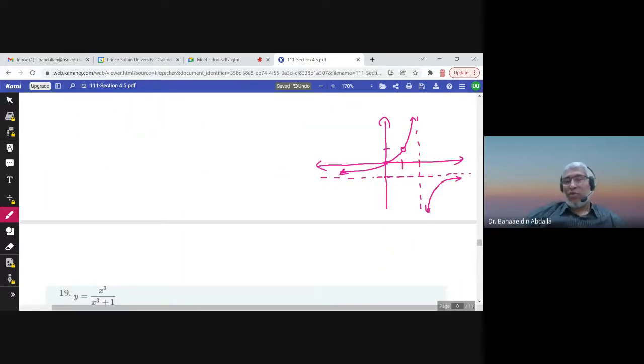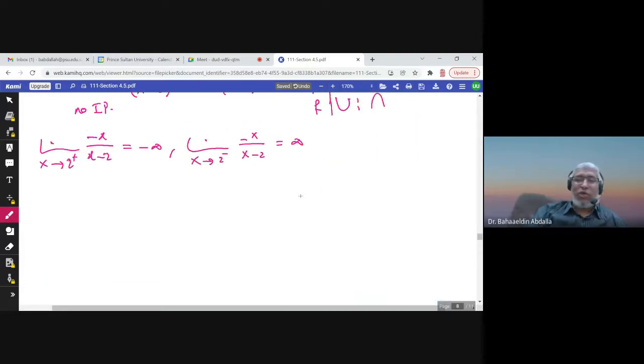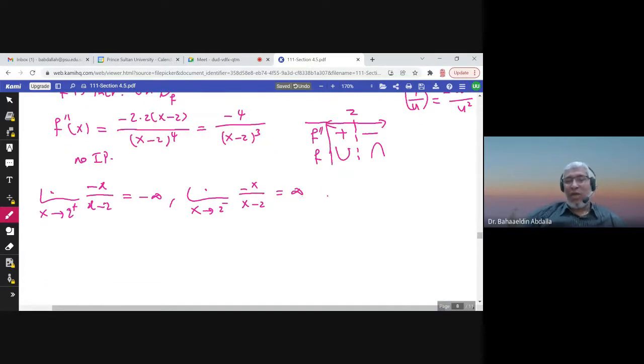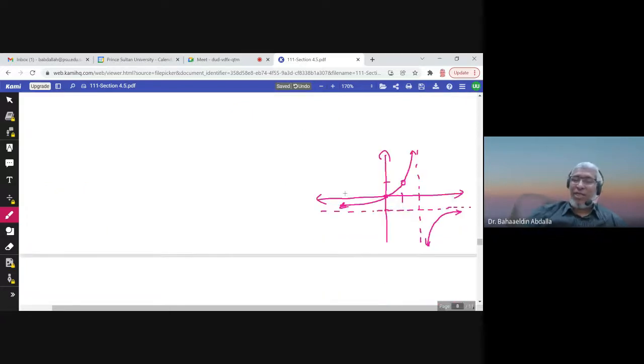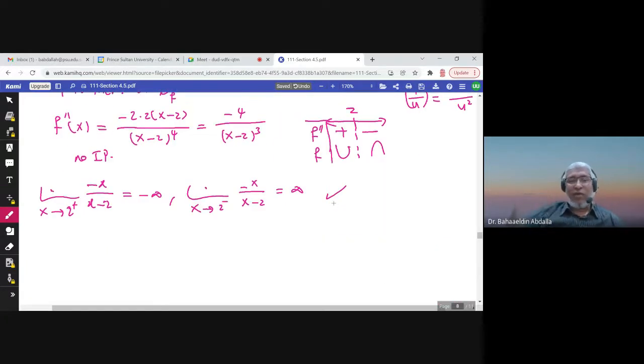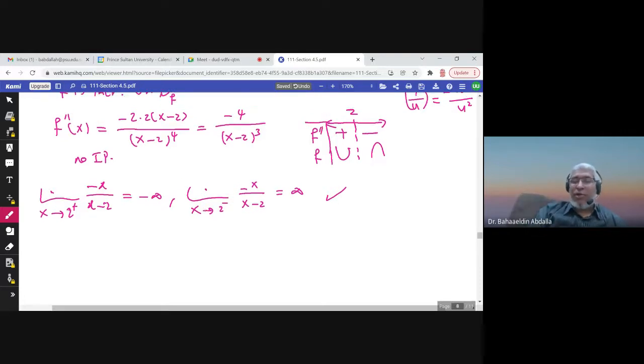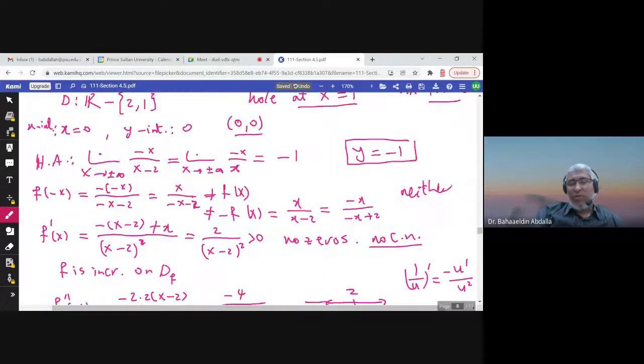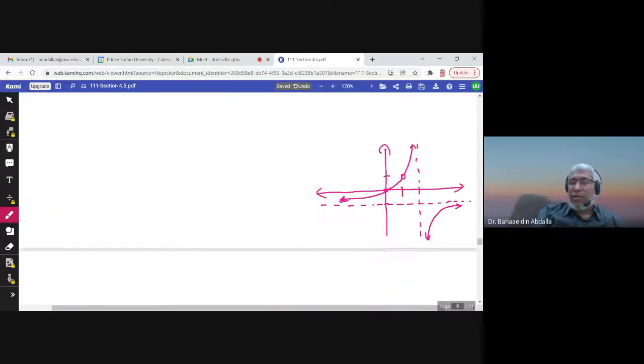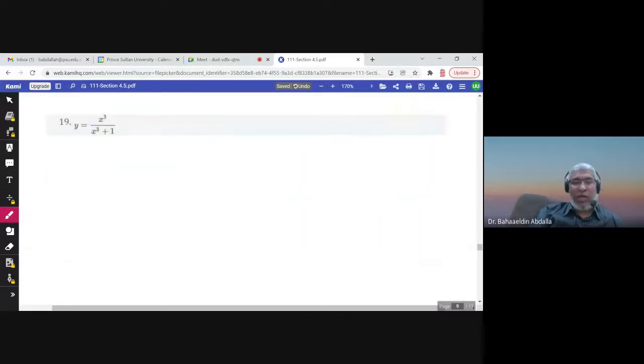So when I approach 2 from the left, it goes to infinity. Yes, so this is what was missing. When I did not find this limit, I hesitated how to continue the graph. But I should have found this from the beginning to see how the graph approaches the vertical asymptote. So now I'm 100% sure that the graph is accurate and everything is fine.